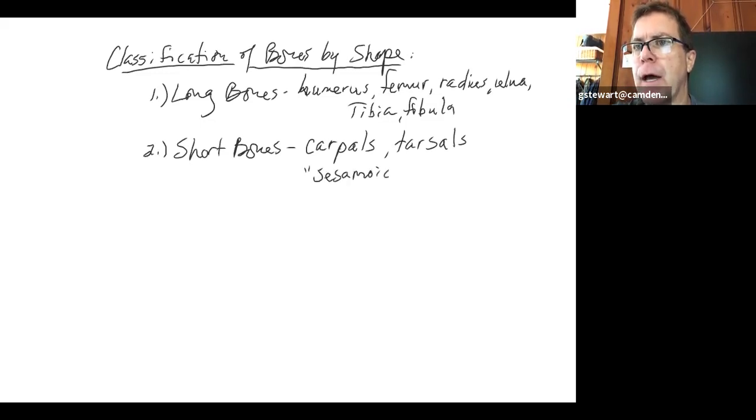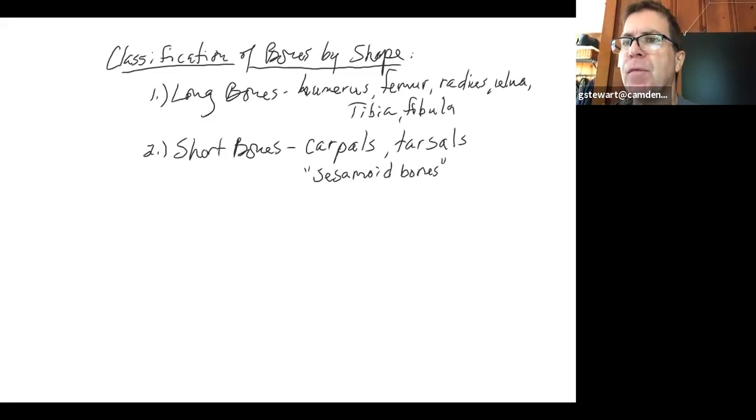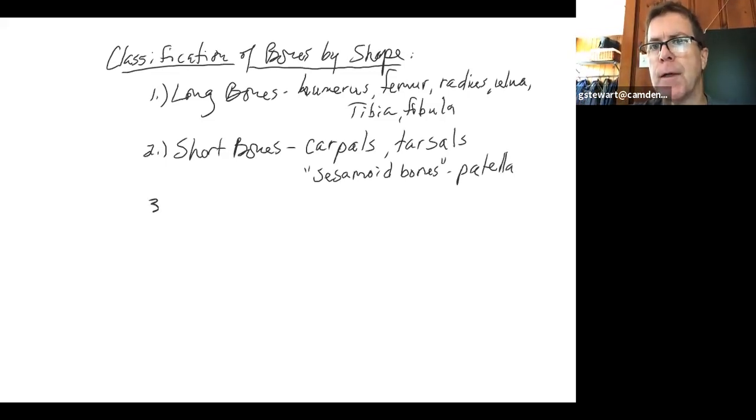You're not going to have to learn a lot of sesamoid bones. Typically, those are found as little interlocking key bones in the cranium of the skull. The most obvious and common sesamoid bone that you would know would be the patella, the kneecap. So those are considered short bones.